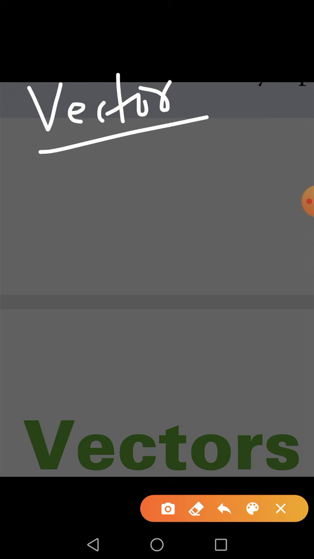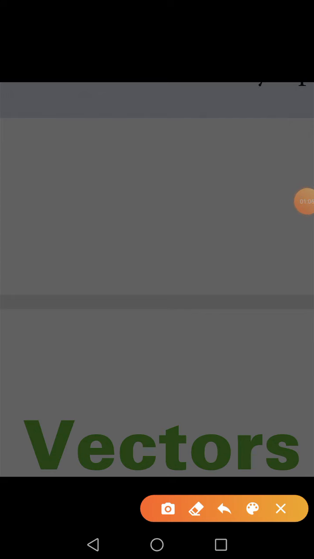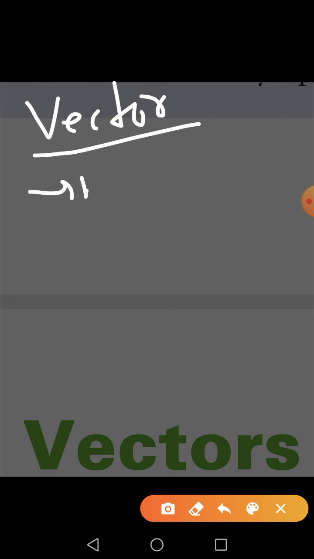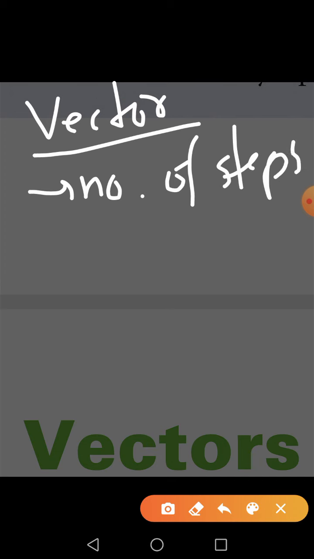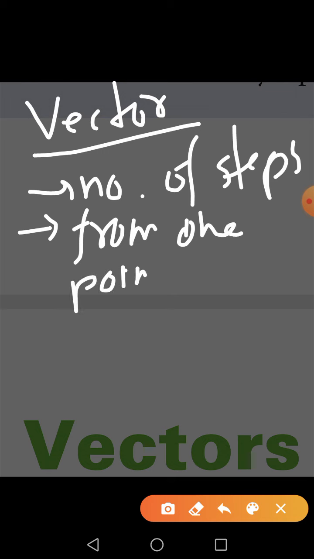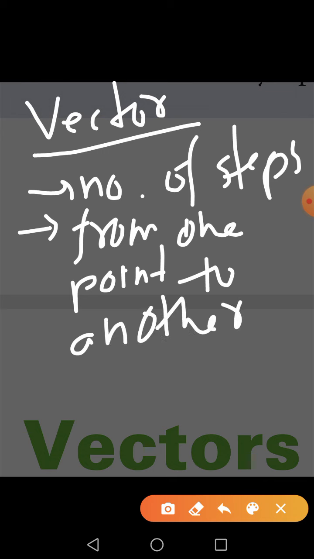Okay, so vector refers to the number of steps that you have to walk in moving from one point to another point.